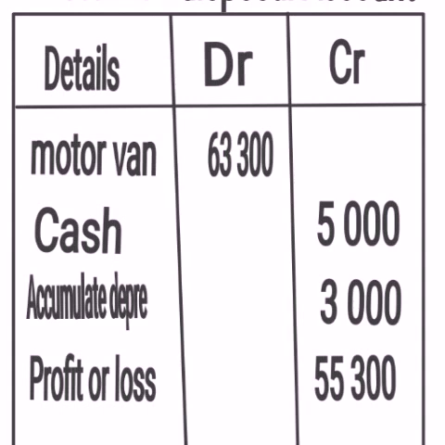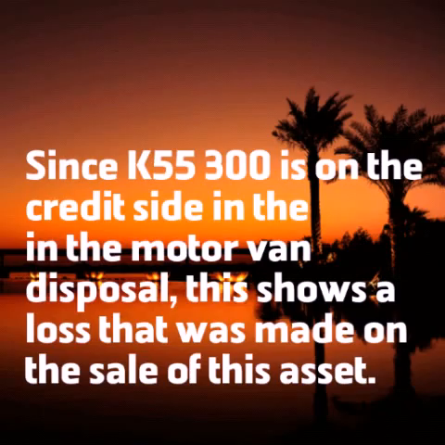Then, totaling up the debit side and the credit side, you discover that the debit side is greater. So we are going to put 63,300 in both columns, both the debit side and the credit side.